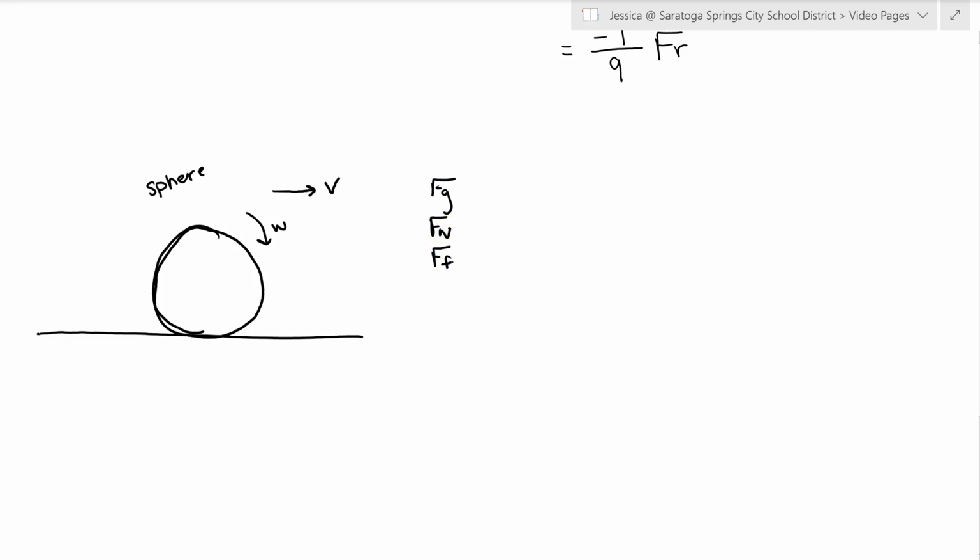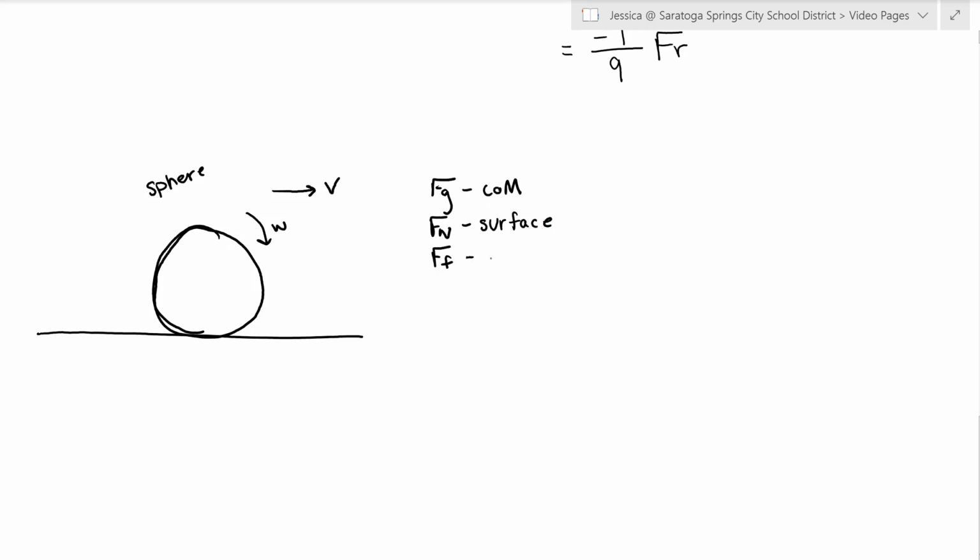But we have to make sure that we're placing those forces where they are acting. So the force of gravity acts at the center of mass, which I'm going to abbreviate as COM. The normal force is an interaction force between the surface and the sphere, so that has to start at the surface. Same with friction.